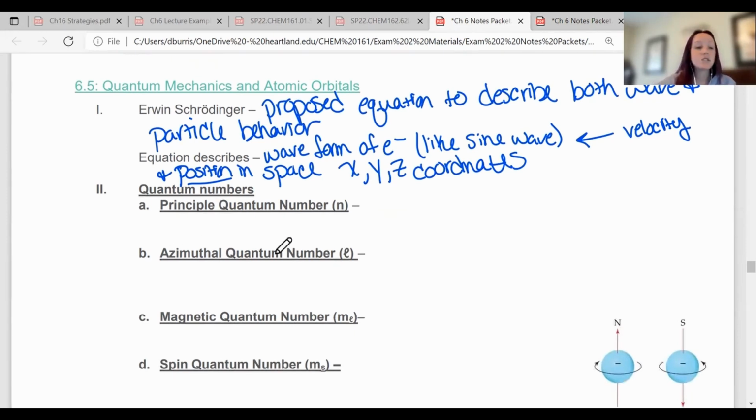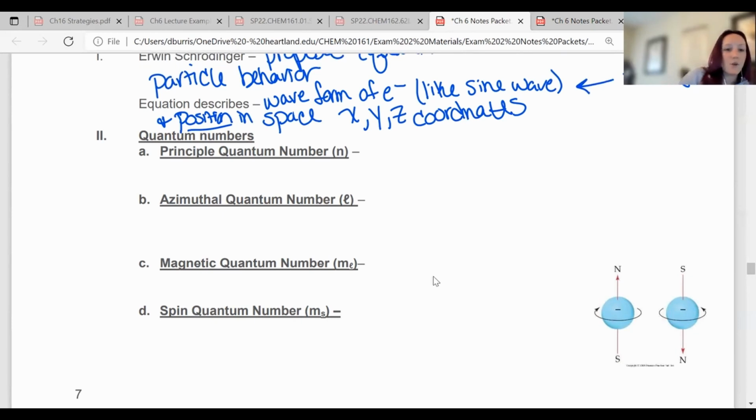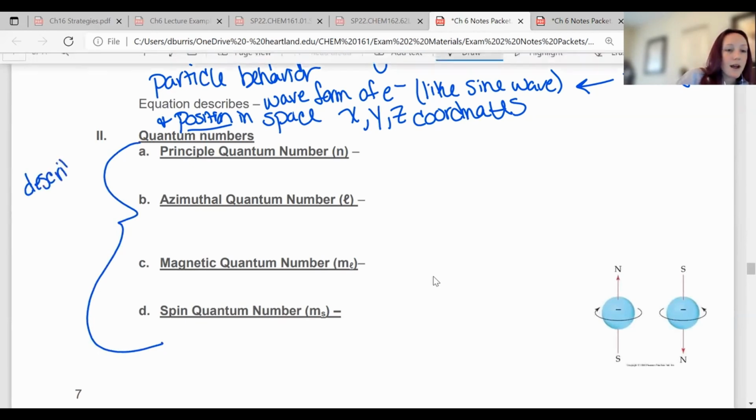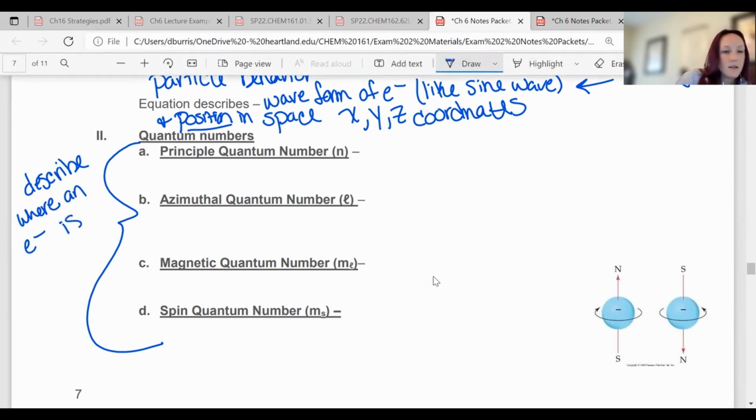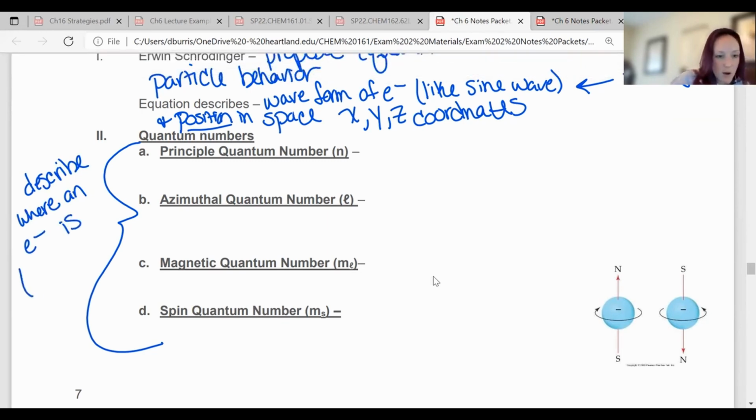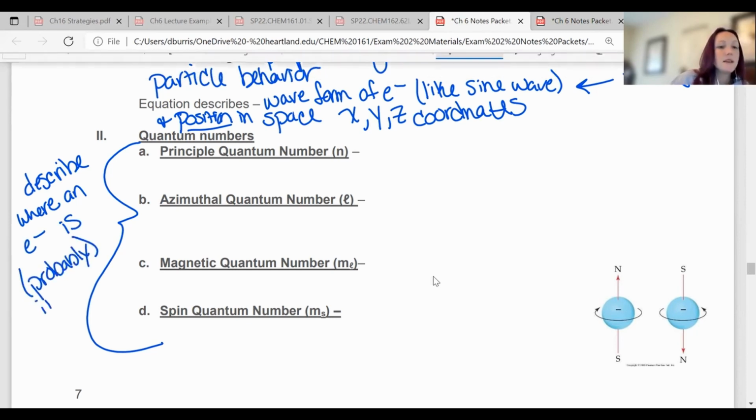So what we use to describe where electrons are is called quantum numbers. Every electron has a set of 4 quantum numbers. These describe where an electron probably is in 3D space.